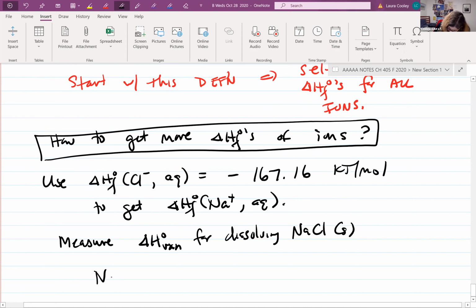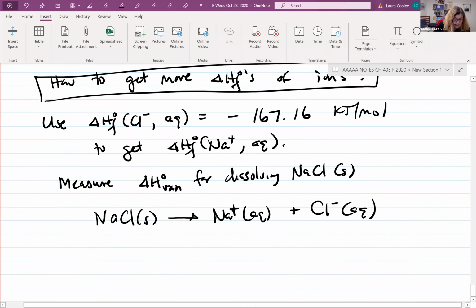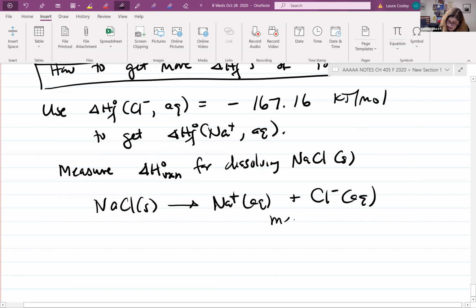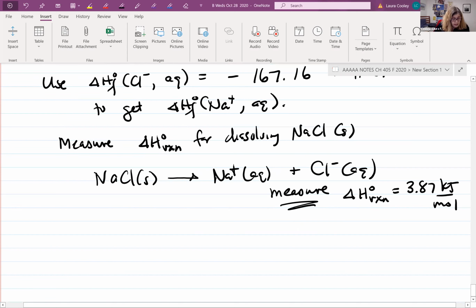So you'd take NaCl to Na plus, Cl minus, and you would measure this. I said it was about 4, remember? It's actually 3.87 kilojoules per mole.